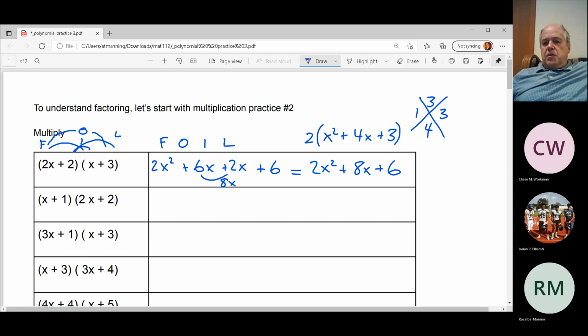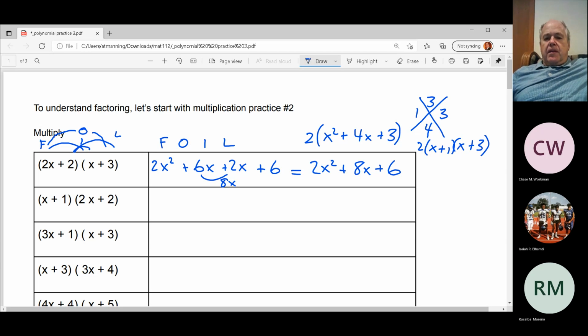So I know this is going to be 2 times x plus 1 times x plus 3. So whenever you see a possible number being factored out, that can simplify your factoring problem in the long run.